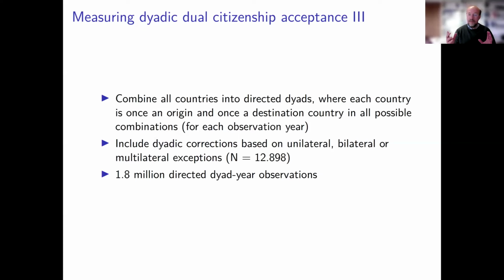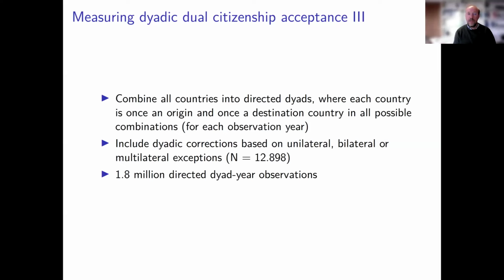They are what is called in the literature directed dyads, because the rules are specific for a person coming from one country and going to another country. So these are 1.8 million observations, or entries, rows in the Excel file that you can download. They are directed dyad-year observations for each potential person from one country to another country.